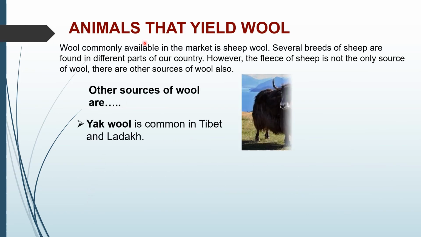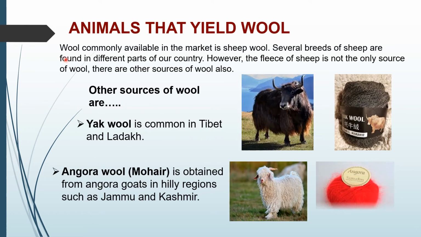Animals that yield wool. Wool commonly available in the market is sheep wool. Several breeds of sheep are found in different parts of our country. However, the fleece of sheep is not the only source of wool. There are other sources of wool also.